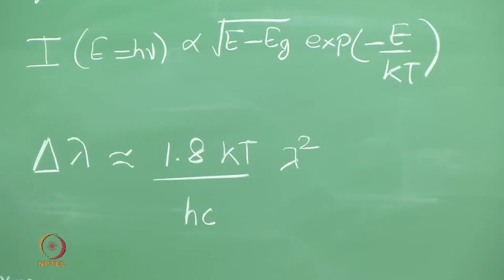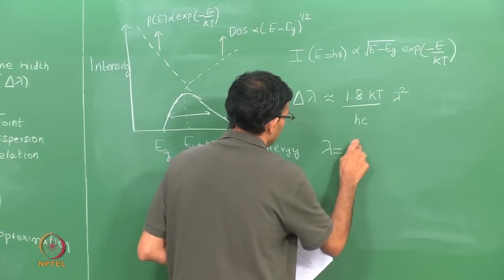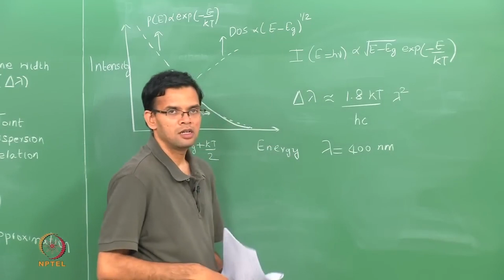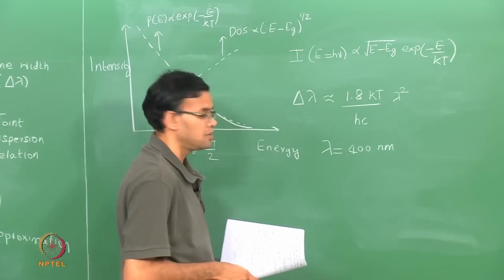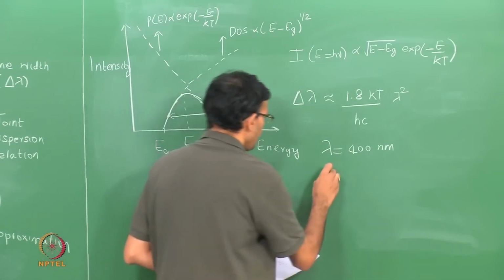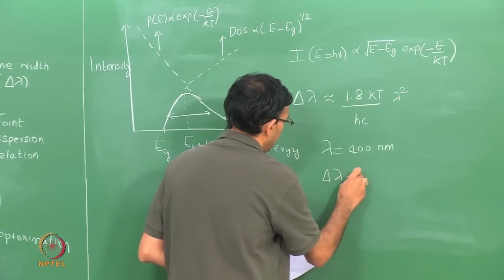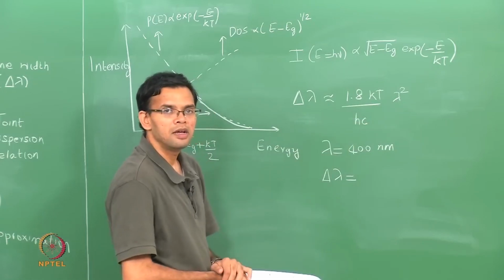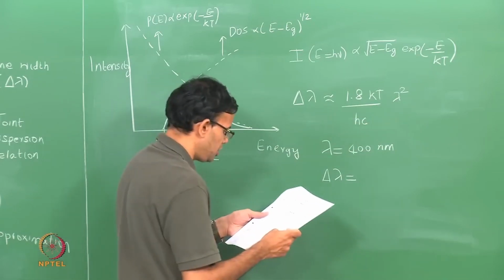So for example, if we have an LED which gives light at 400 nanometers, which is in the visible region, you can calculate a delta lambda. This is just by substituting this here, and we take temperature to be room temperature.